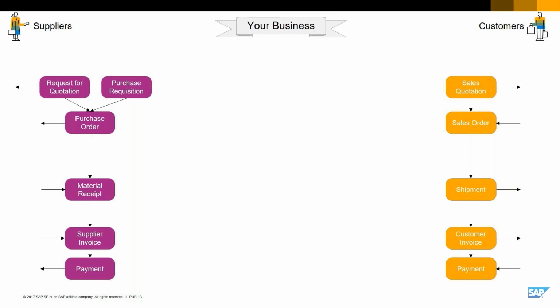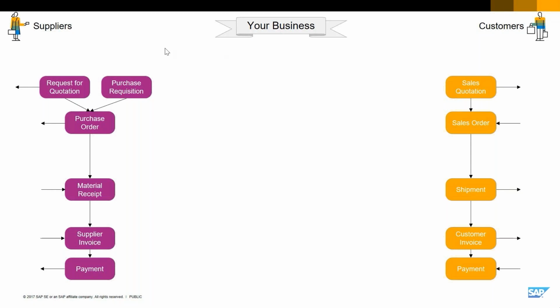In the process, the main thing is you have suppliers who supply raw materials to you, and customers who purchase the finished goods that you have manufactured in your company. These are the two key things. Out of these two, you will have a lot of other business processes coming in the next slides. Let us see one by one.